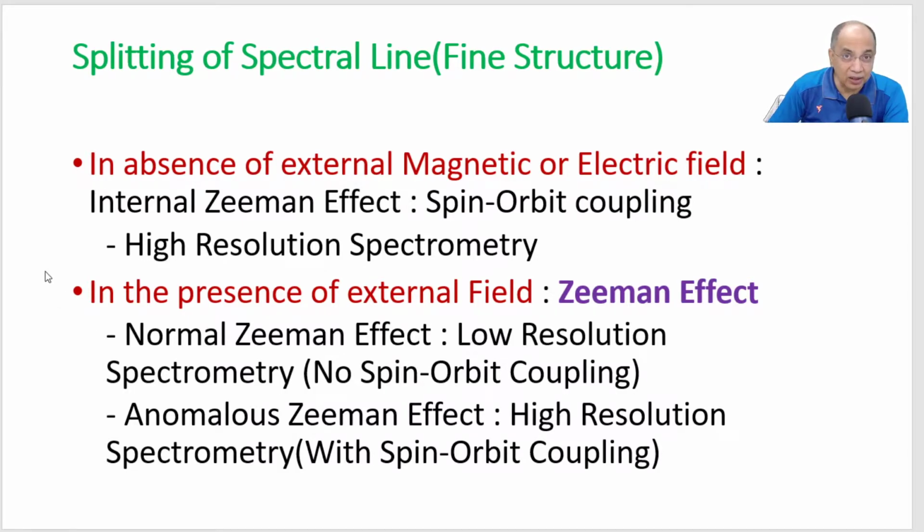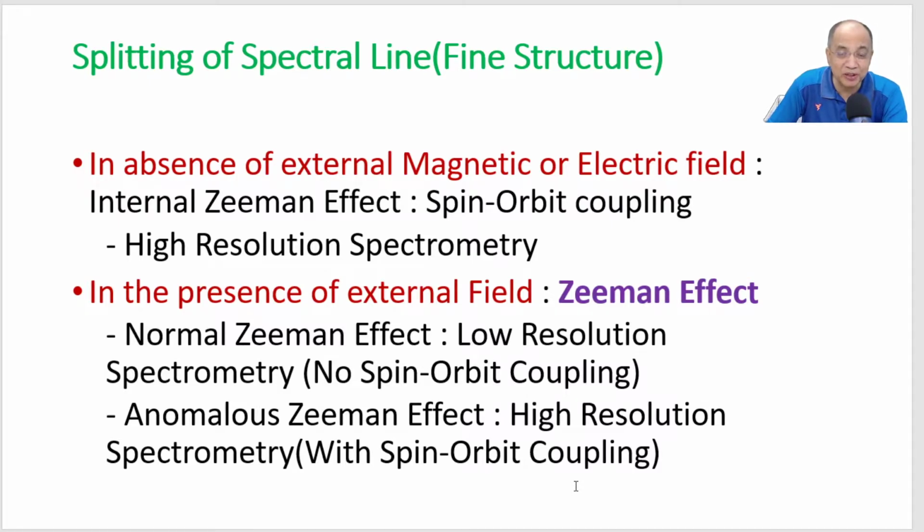Now, the other way to find the splitting is Zeeman effect or the Stark effect in presence of external field. And there are 2 types of Zeeman effect. One is the normal Zeeman effect, that is under low resolution spectrometry, and there is no spin orbit coupling.